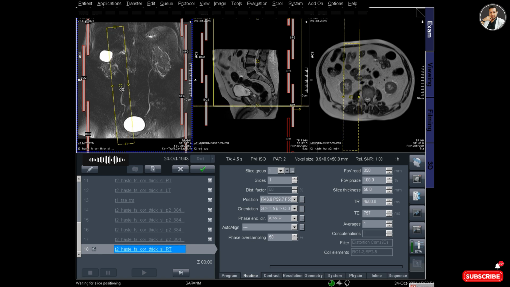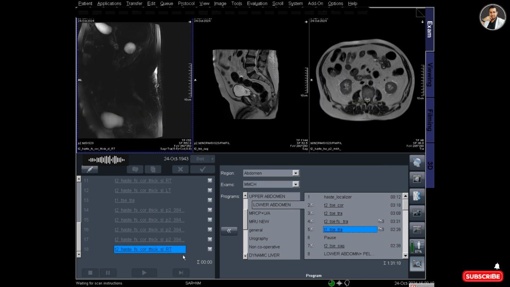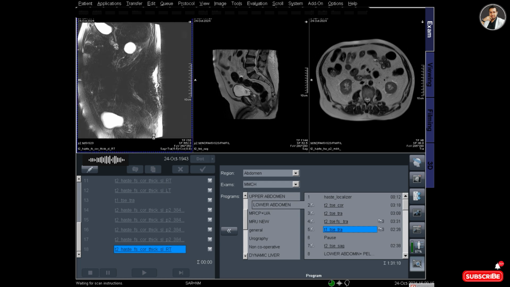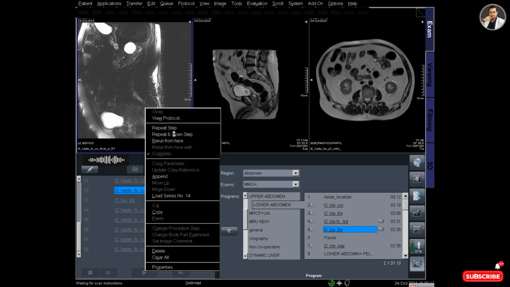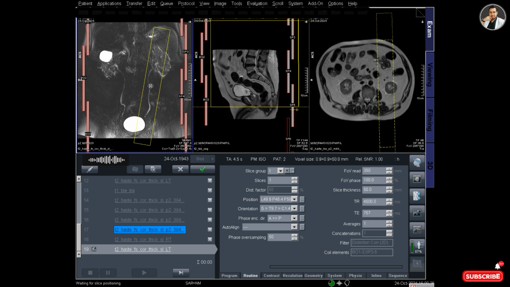And now I am planning for the right sided ureter and angling the plan along the ureter and clicking apply, and then asking the patient to hold his breath and then continue. So this is the right side sagittal ureter, you can see, and now I am planning for the left side ureter.